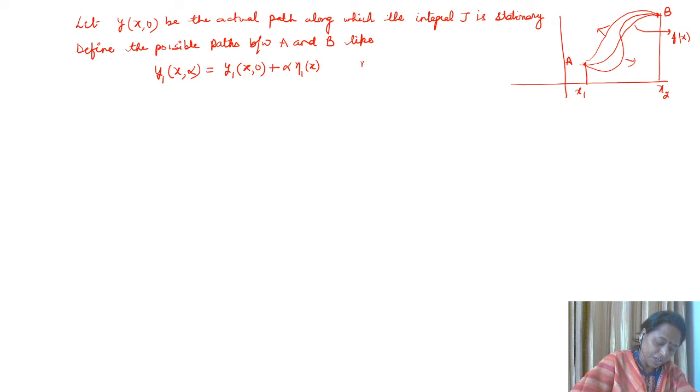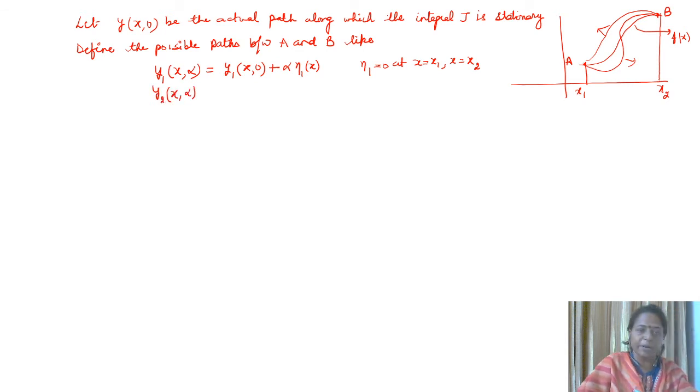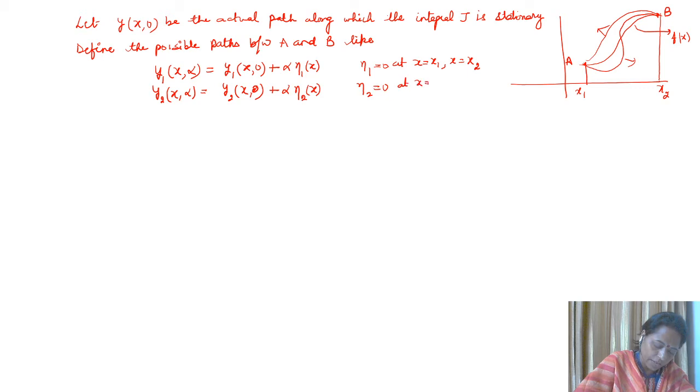Then what is the condition? That eta 1 is 0 at x equal to x1 and x equal to x2. Similarly for the second dependent variable, the path corresponding to the second dependent variable will be y2(x, 0) plus alpha eta 2(x), where again eta 2 is 0 at x equal to x1 and x2.